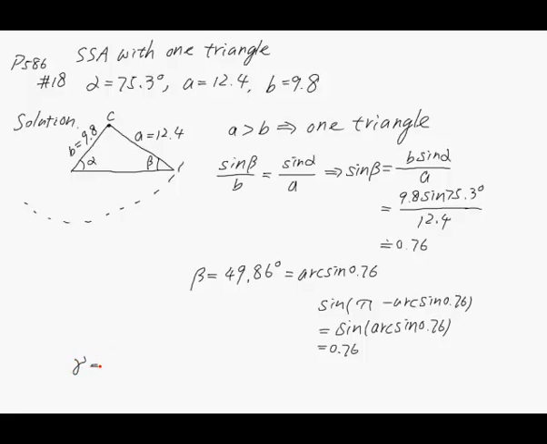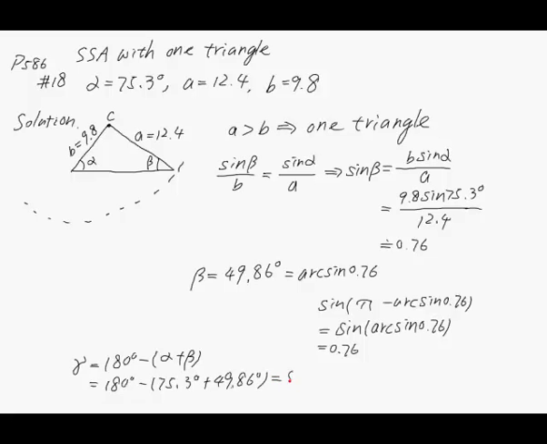So gamma is equal to 180 degrees minus the sum of alpha and beta. So you plug in this alpha 75.3 degrees and this beta 49.86 degrees, then you get gamma.